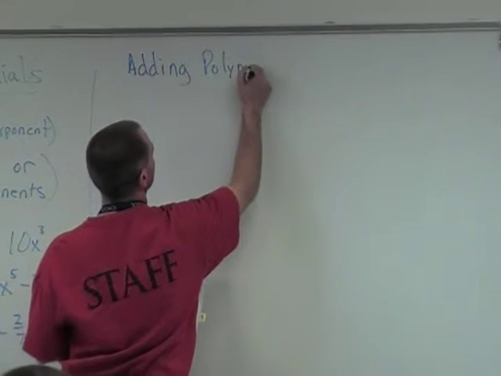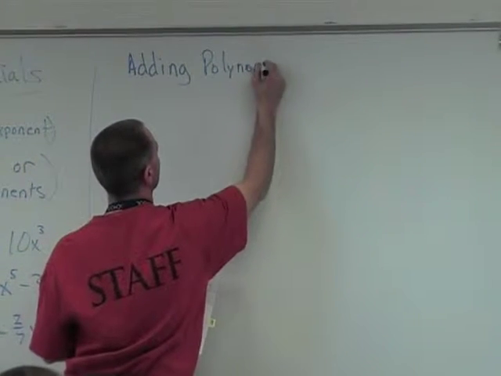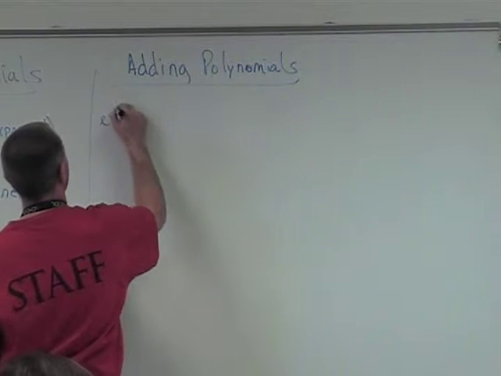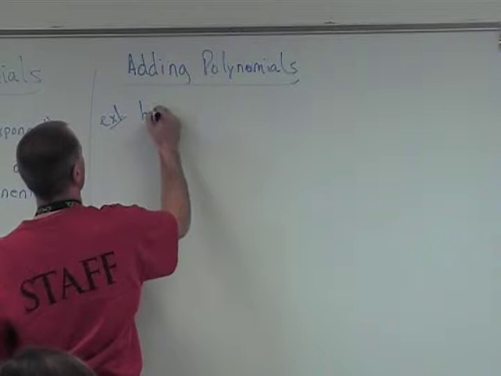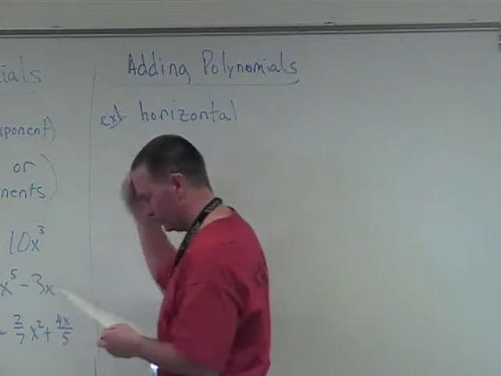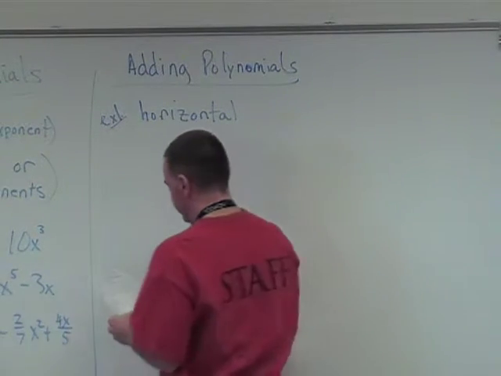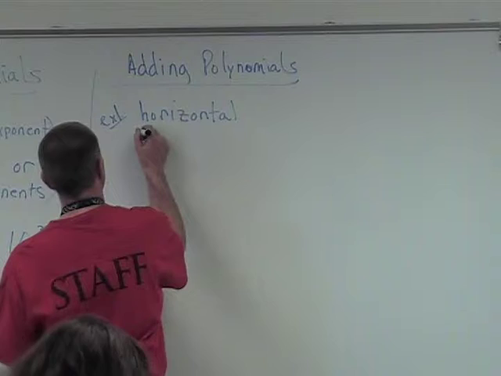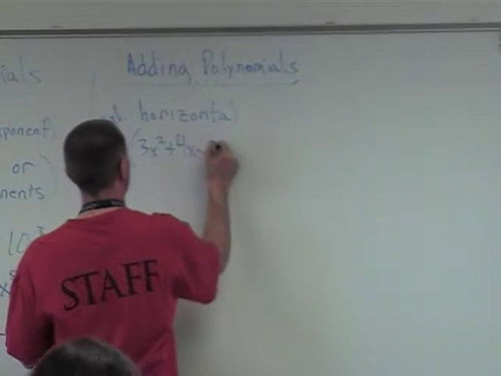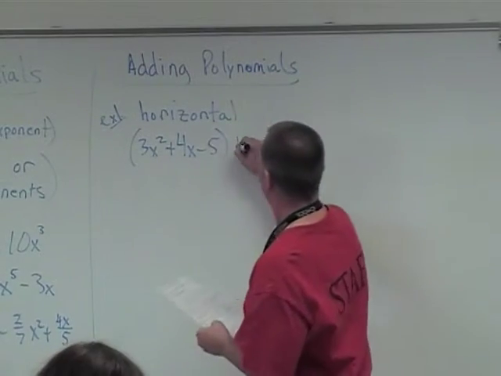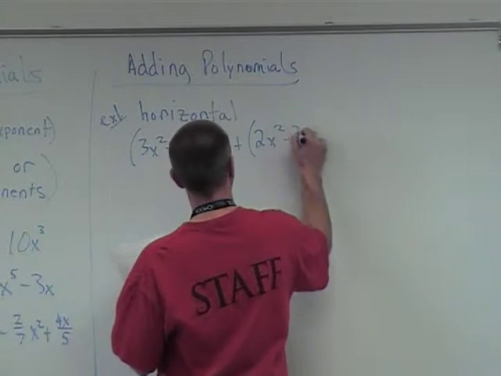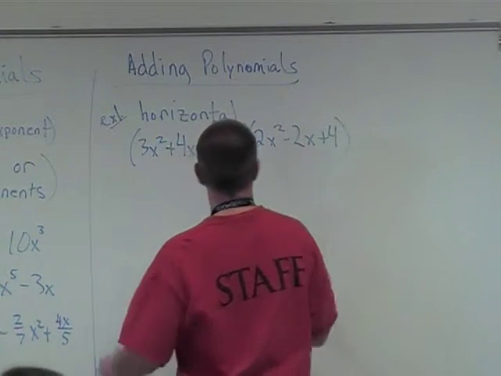Example 1. Horizontal. So here it is. In parentheses, 3x squared plus 4x minus 5, plus, in parentheses, 2x squared minus 2x plus 4.